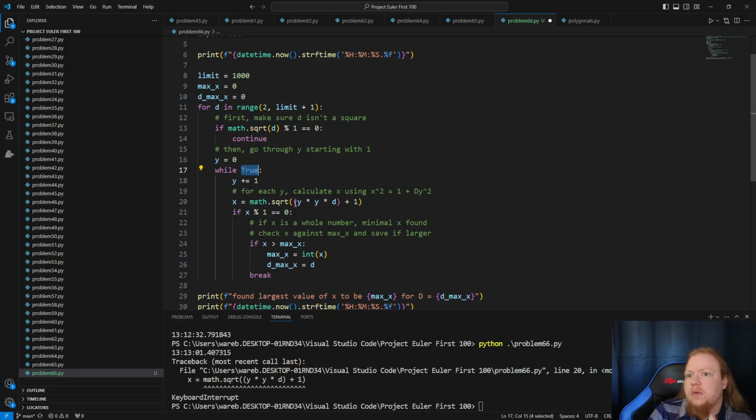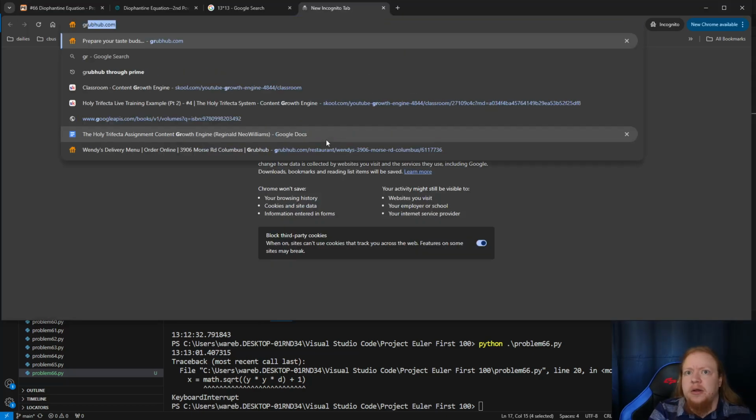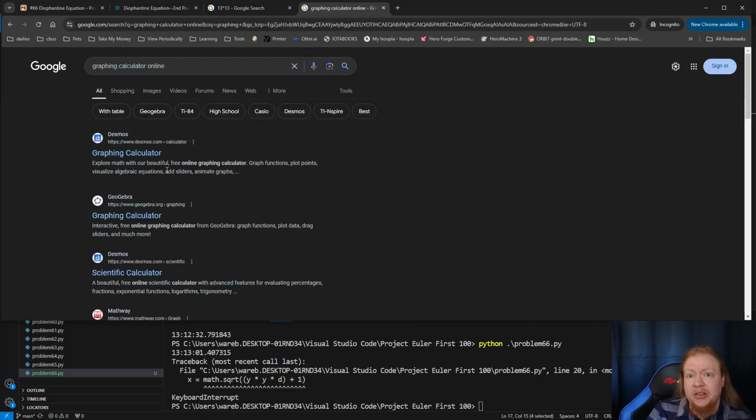Okay, so this is... Let's go ahead and graph x squared minus 13y squared equal to 1. Assuming that there is an online graphing calculator.